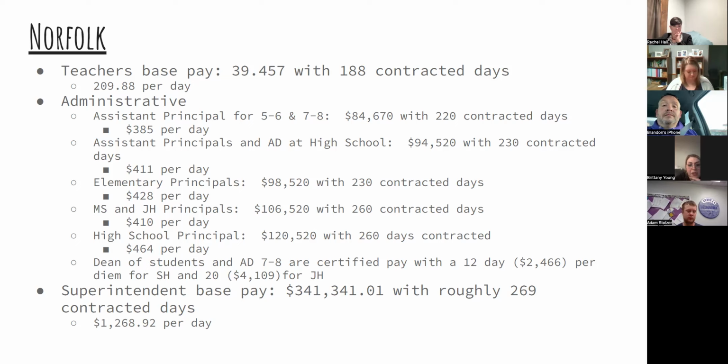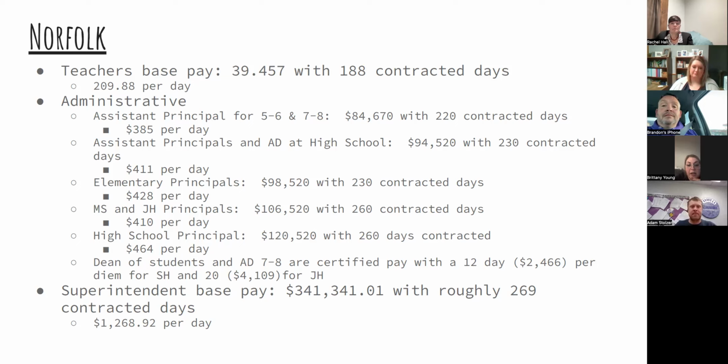And I also thought it was crazy that the elementary principal gets paid less because a lot of times I don't think they have assistant principals. They're kind of handling everything on their own. Whereas the middle school and the junior high and the high school, they all have assistant principals and then usually someone else. And so that was just kind of wild.